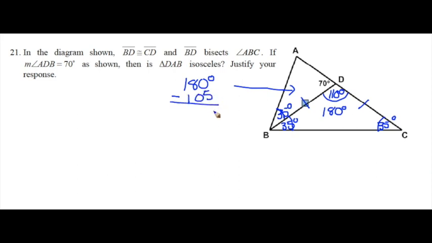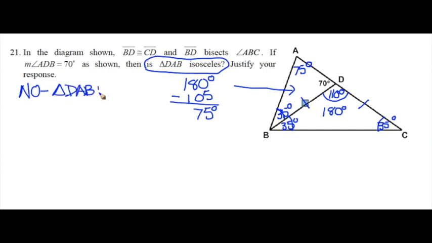When we subtract that, we find that the third angle of this triangle must be 75 degrees. So in answer to the question, is triangle DAB isosceles? The answer is no. Triangle DAB is not isosceles.